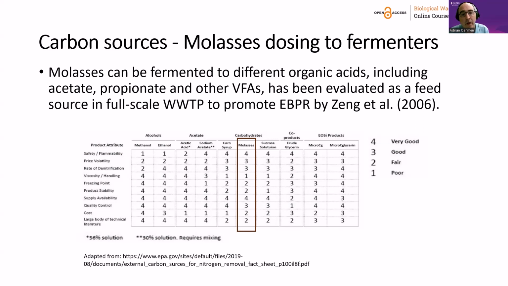And when dosing molasses into a fermenter as opposed to adding directly acetic acid or acetate alone, that can help promote good EBPR and more stable EBPR.